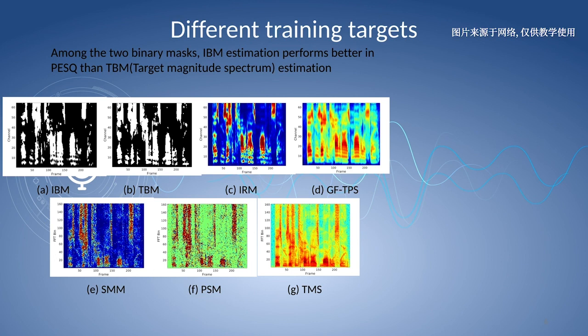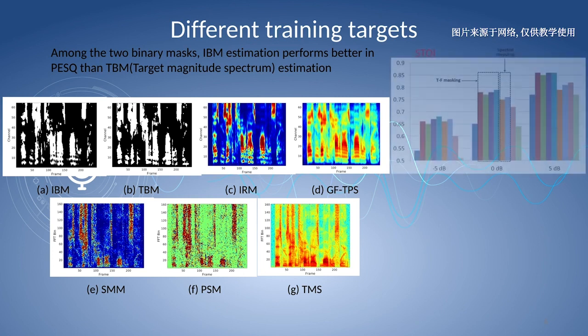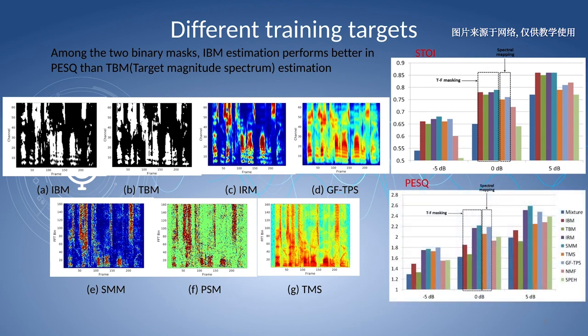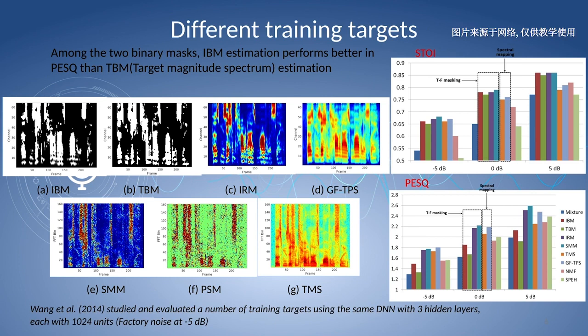The separated speech using various training targets is evaluated in terms of STOI and PESQ for predicted speech intelligibility and speech quality, respectively. From the results, we can see that among the 2 binary masks, IBM estimation performs better in PESQ than TBM, target magnitude spectrum. In terms of objective intelligibility, the masking-based targets as a group outperform the mapping-based targets.